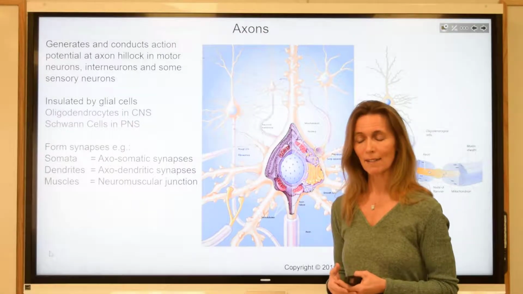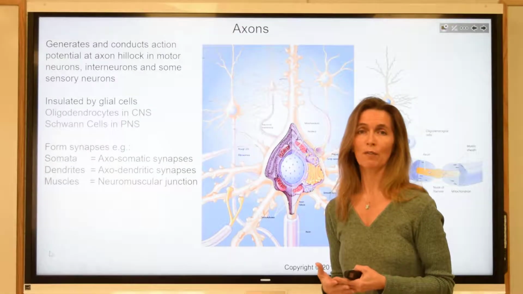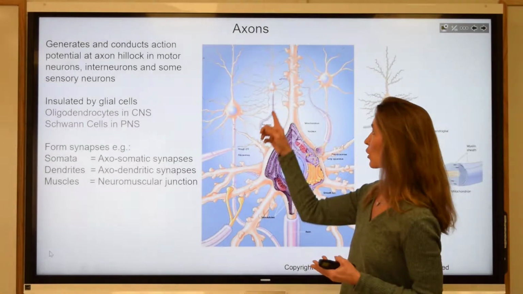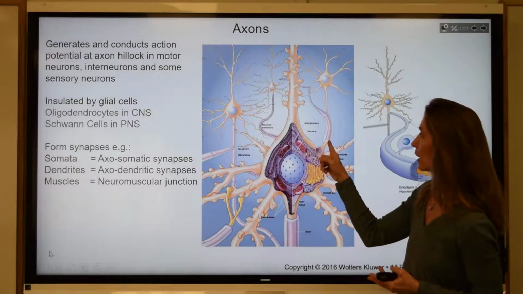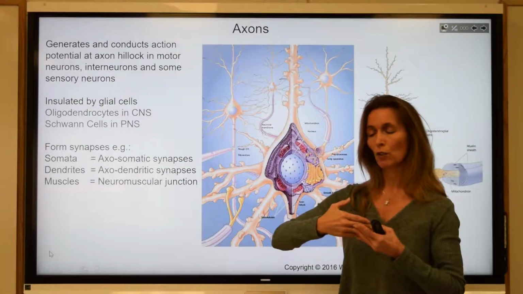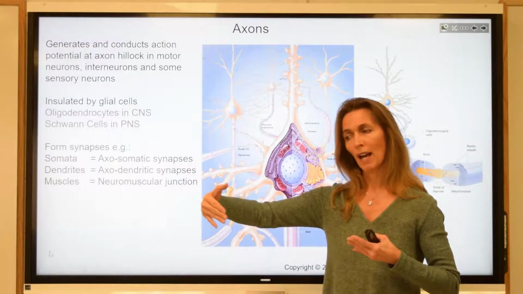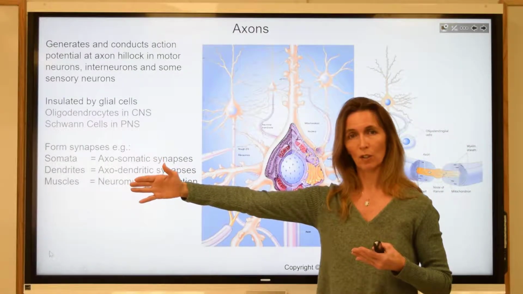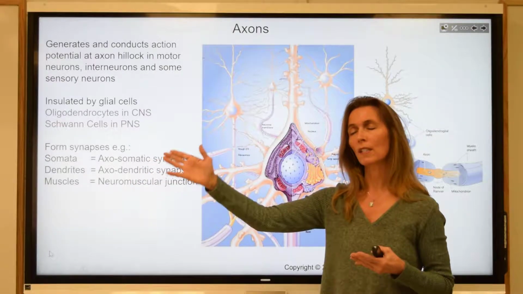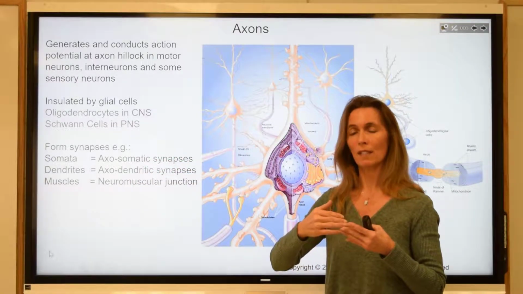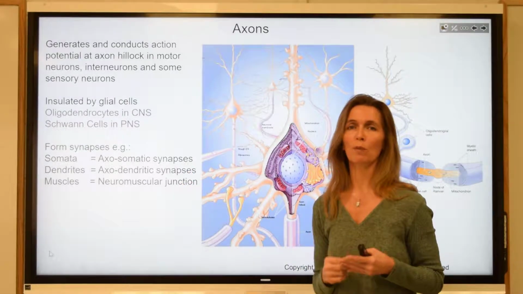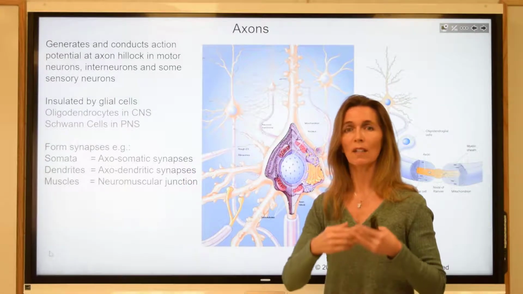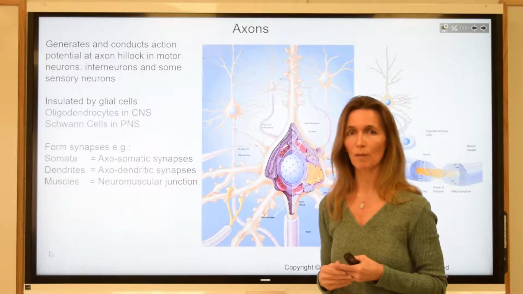And glial cells have a number of different functions. They insulate the axons, as you can see in this picture here, in order to enable those neurons to have a faster signal transduction. And we'll talk about the significance of this velocity of signal transduction in the third lecture when we talk about action potentials and the velocity of signal transduction.